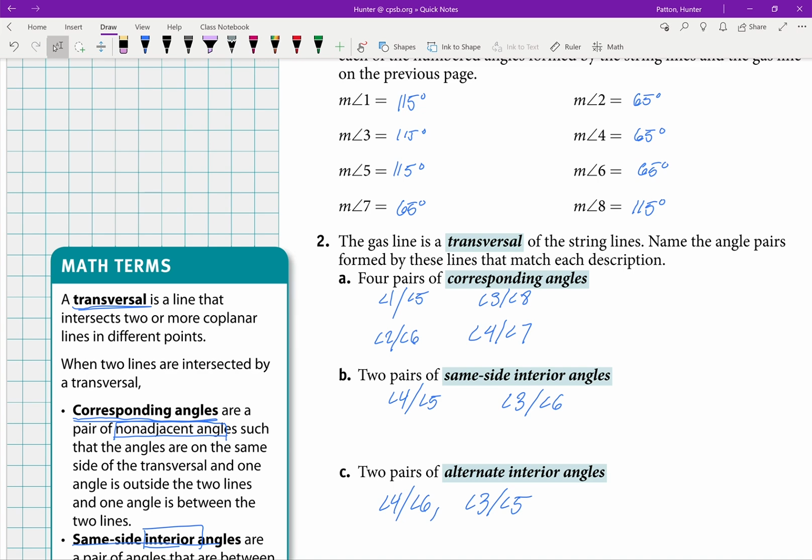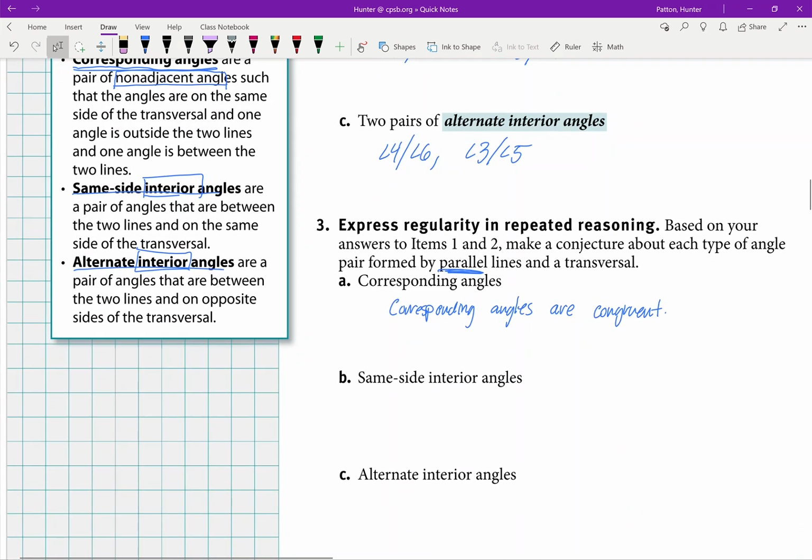Angle 3 and angle 6, 115 plus 65, also 180. So I'm going to conjecture, or guess, that same side interior angles are supplementary. That's what I'm guessing.